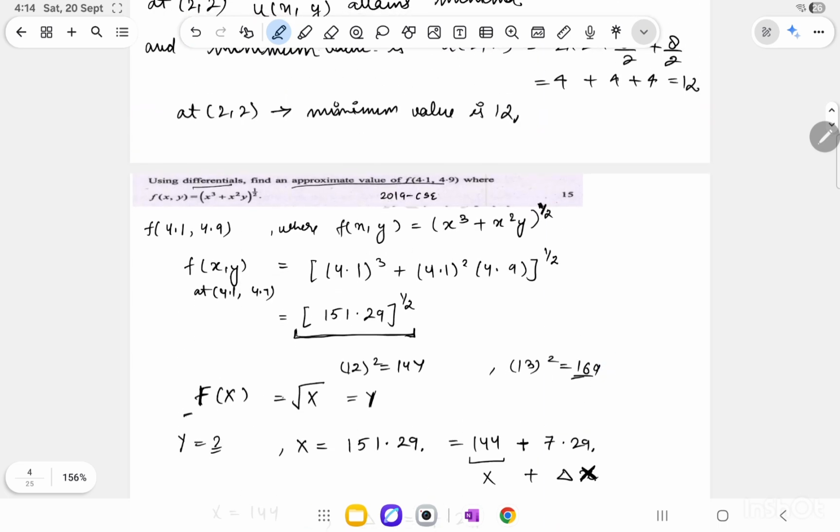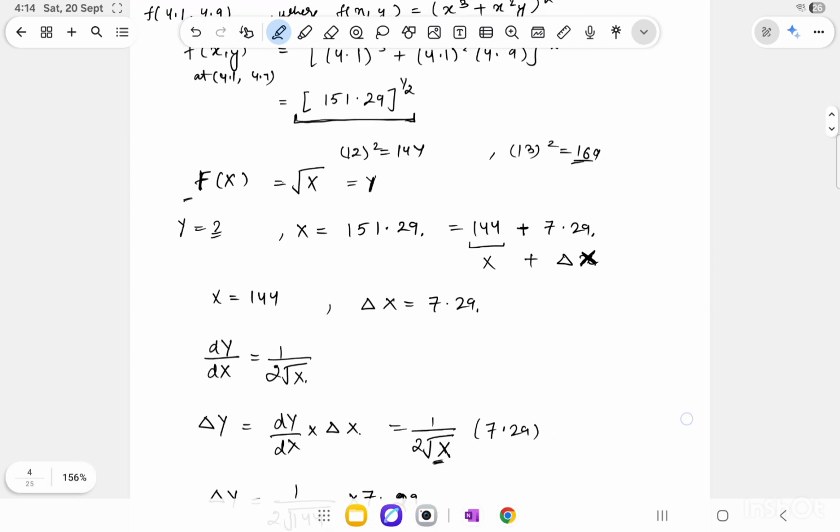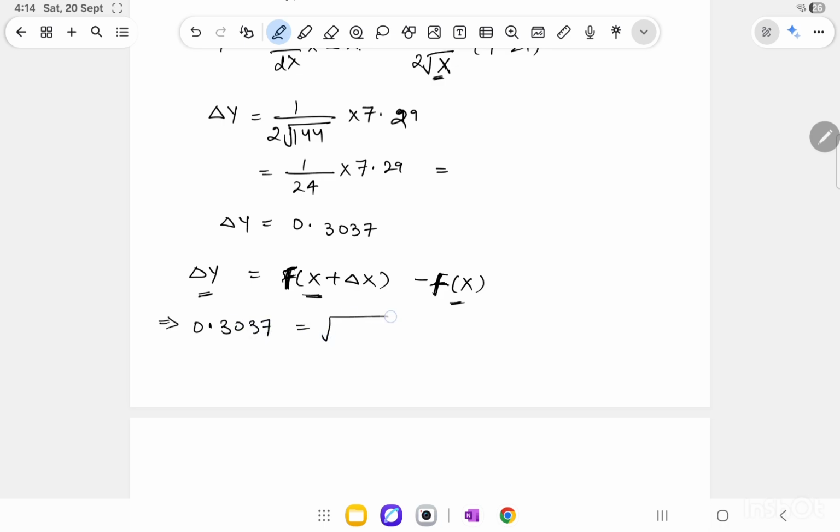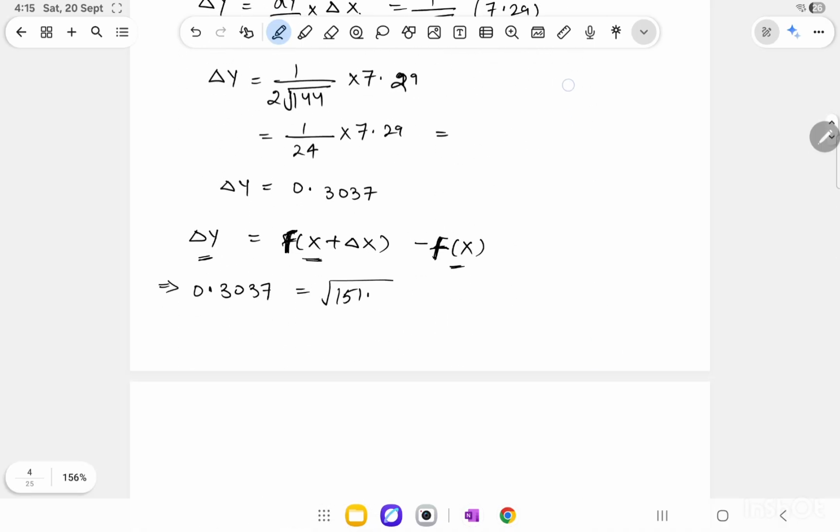They have not specified till which decimal place we need to find the approximate value, so this much is, I guess, fine. So my del y is equal to f of capital X plus del x minus f of capital X. We know this value as well and this value as well, but we are supposed to find this value. So 0.3037 equals root 151.29 minus root 144.